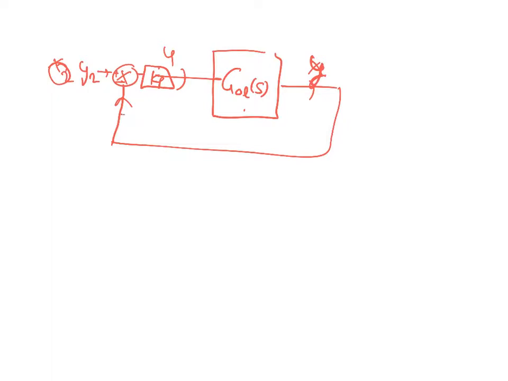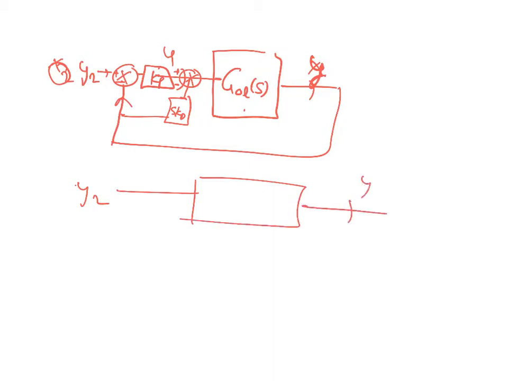To dampen it, you also multiply by S, so you take a derivative of the output and add it here. This is the PD loop, and then you get a transfer function between Y reference and Y, and that's the closed loop transfer function, okay?